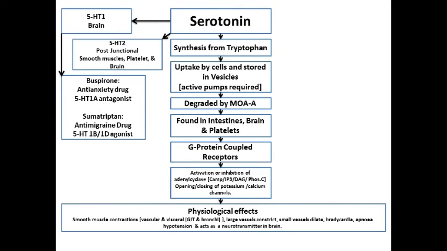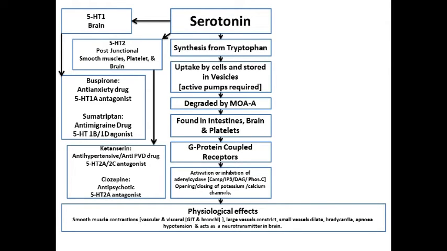If you talk of 5-HT2 receptors, most of these receptors are post-junctional. They are present on the smooth muscles, on the platelets, and in the brain to an extent. A few drugs that relate to 5-HT2 receptors is ketanserin. I don't know how much of this drug is in use. Very rare drug.